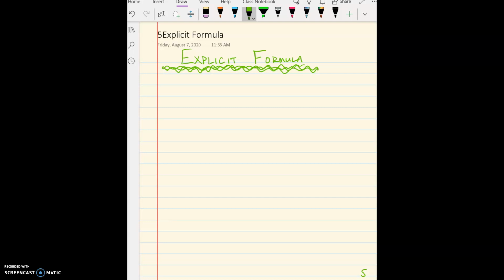All right, so the explicit formula is a formula or equation that we can use to find any term in a sequence.